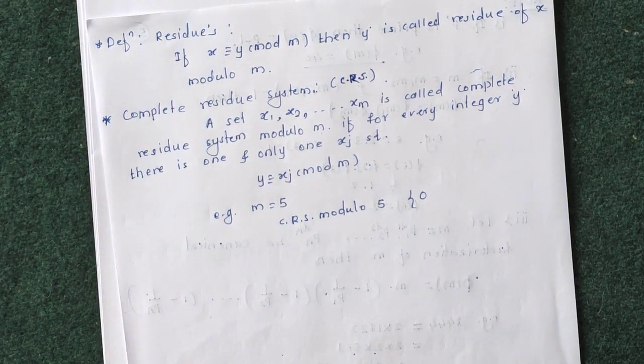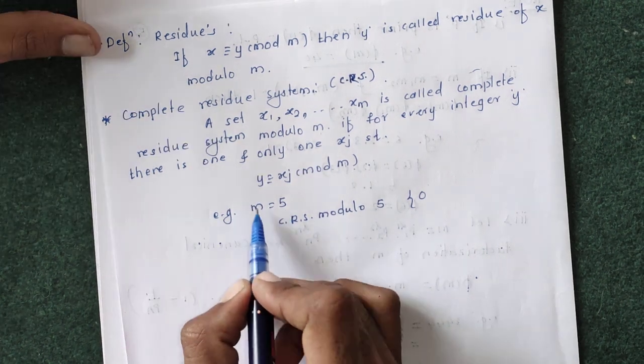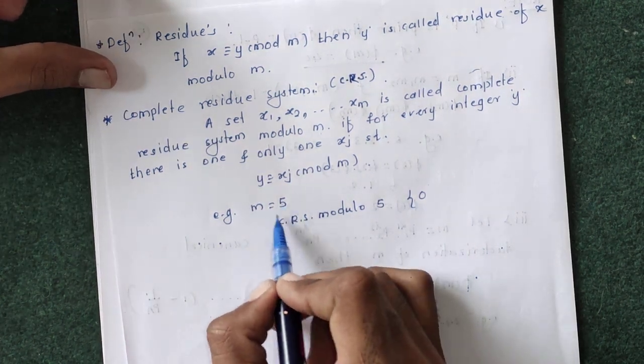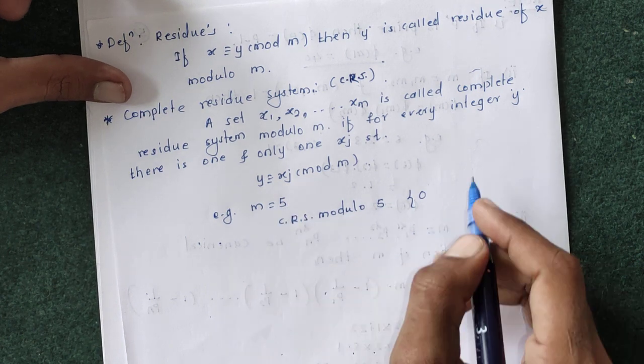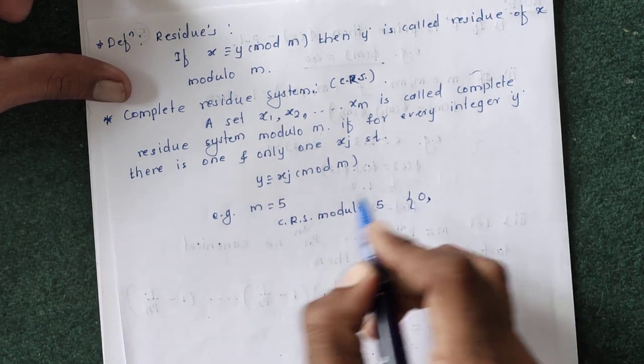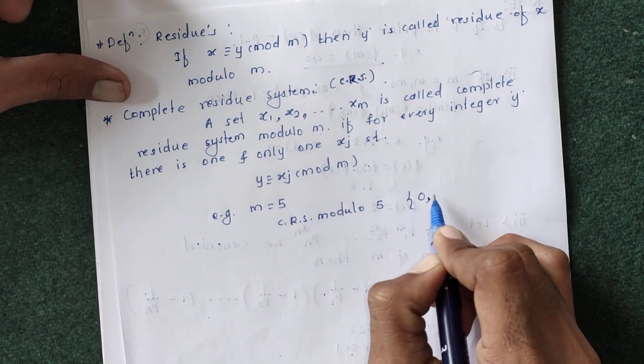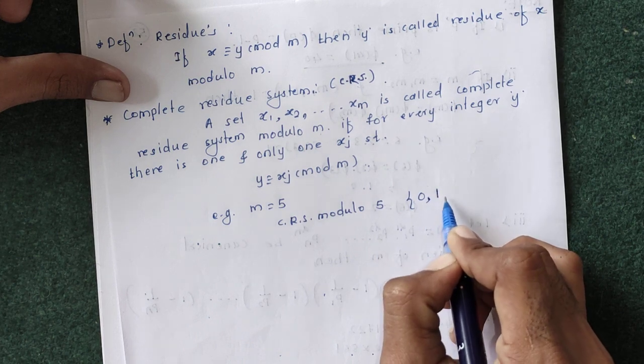If we divide 6 by 5, then 5 divides 5 plus 1, so the remainder must be 1.